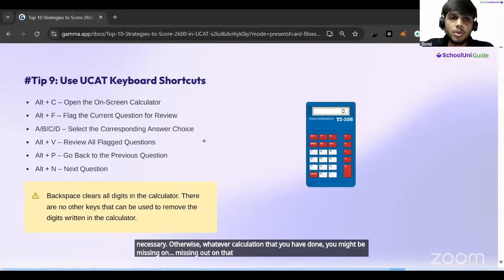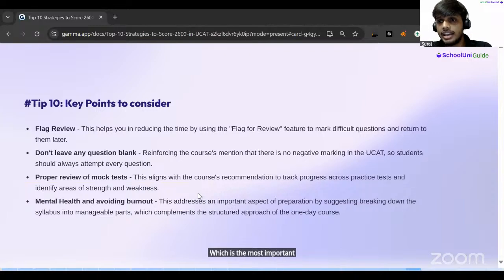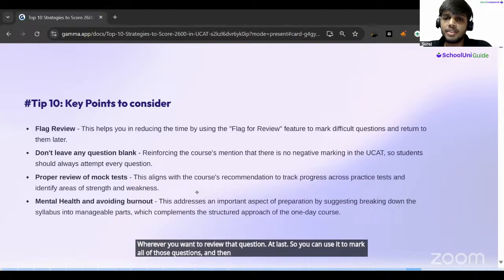Now let us move towards tip number 10 for today, which is the most important slide for the entire session. It says that at first you are able to flag any question that you want to review at the end. So you can use it to mark all of those questions and then get back to them whenever necessary.